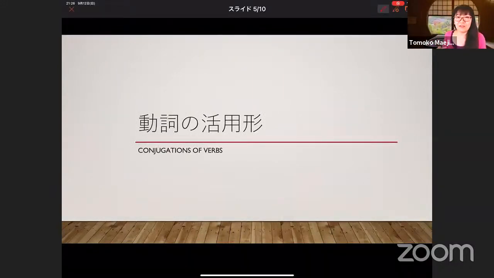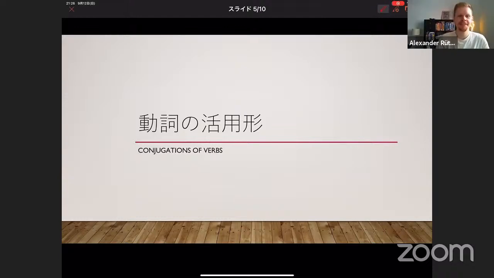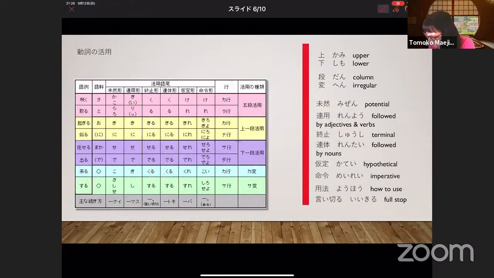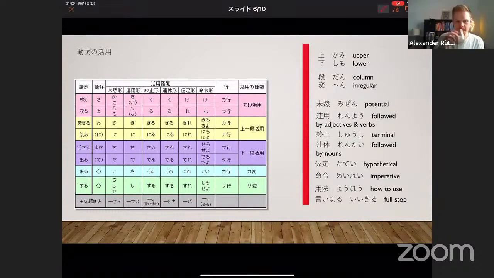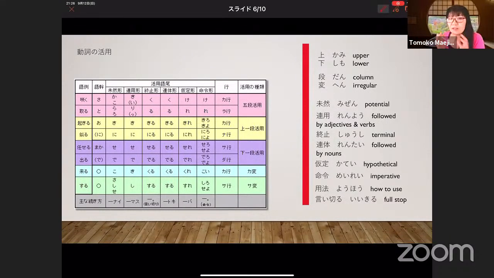Now then, we're gonna dig into conjugations of verbs. This is exciting. As I told you, it looks quite complicated, but it's not really complicated. As I said, there are 5 types of conjugation patterns in Japanese verbs.